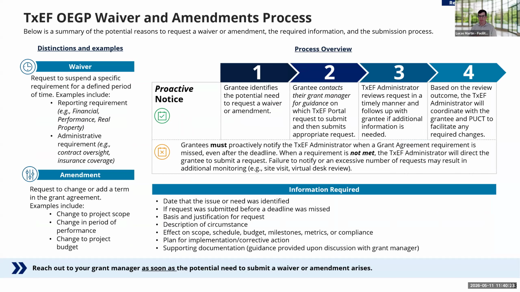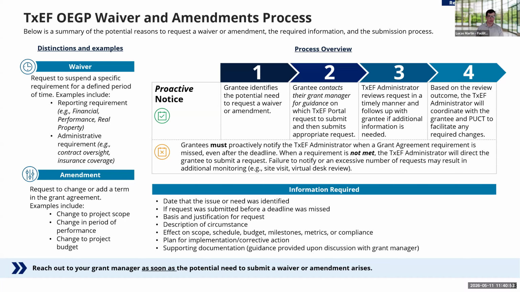Noting here on the left-hand side, a waiver is a request to suspend a specific requirement for a defined period of time. This could include a reporting requirement, if there's an obstacle in submitting the financial performance or real property reports. It could also be addressing an administrative requirement, like an issue with contract oversight or insurance coverage, but this is a waiver for a defined period.